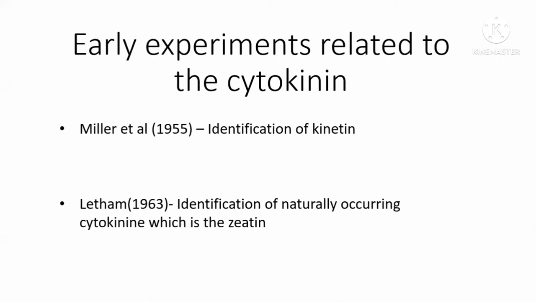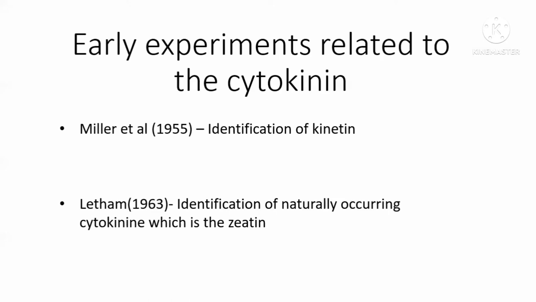This is done under aseptic conditions. Scientists did many experiments in relation to cell division. They wanted to multiply the cells more quickly, so they added many artificial compounds as well as natural compounds to growth media.